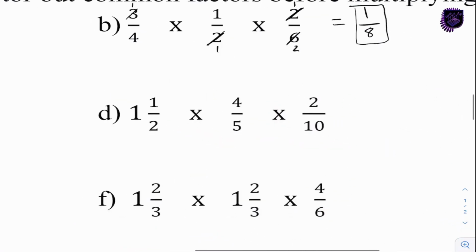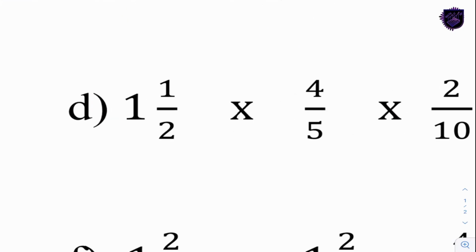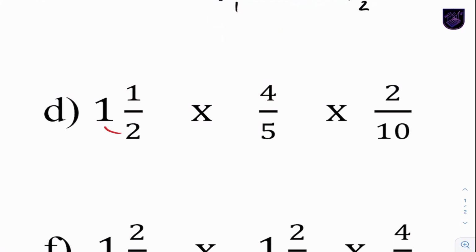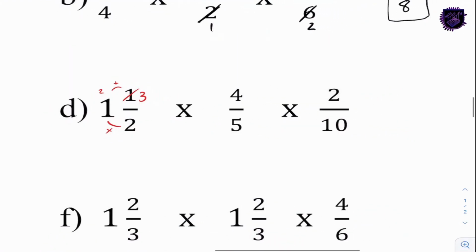So let's do this one. Let's go in red because I've been using red, and we'll go 2 and times 1. 2 times 1 becomes 2, and then we add that on top to make that 3. Now let's factor out some things here. So this 2 and this 4, that can become 2, and this can become 1.